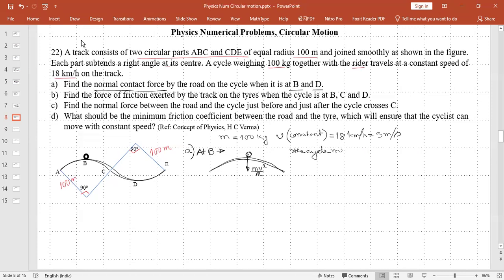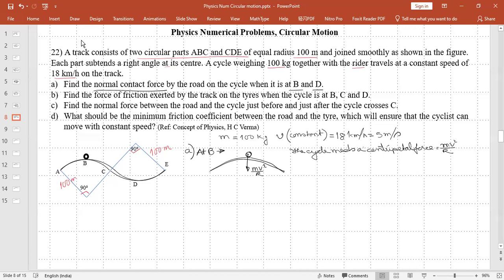The cycle needs a centripetal force equal to mv square by r. Next question that comes to our mind: who will provide this centripetal force?